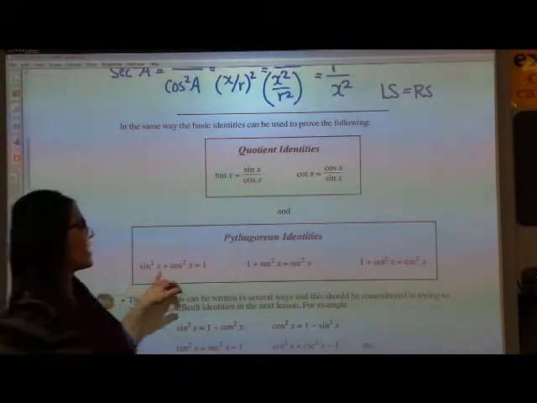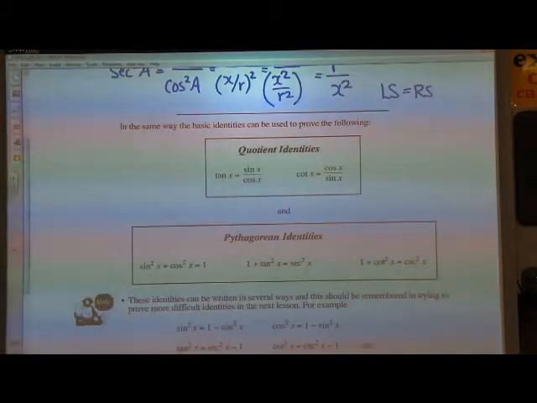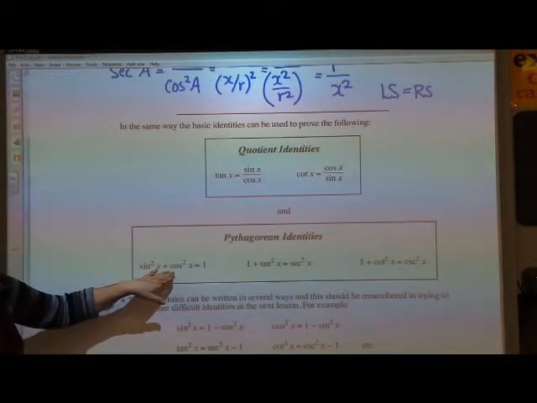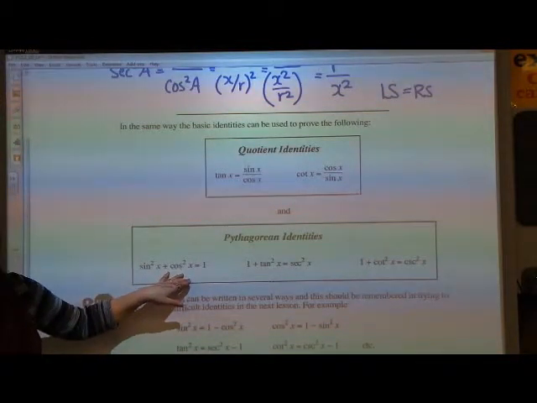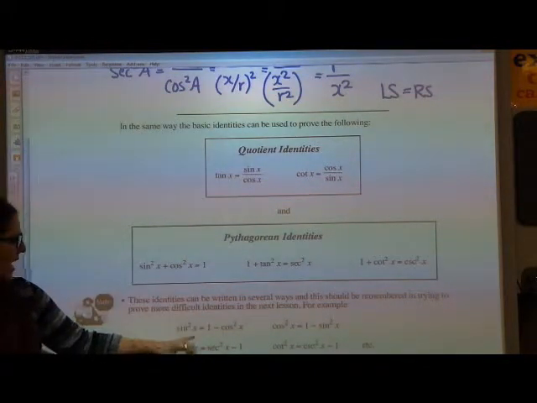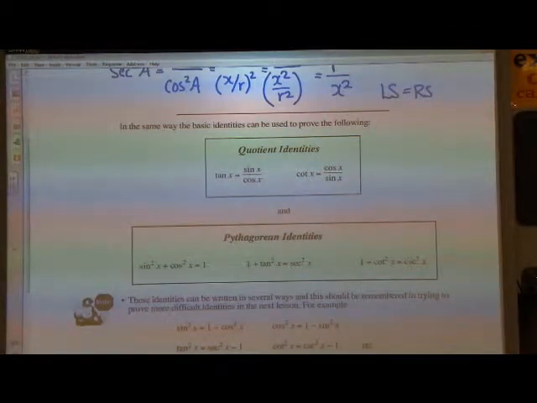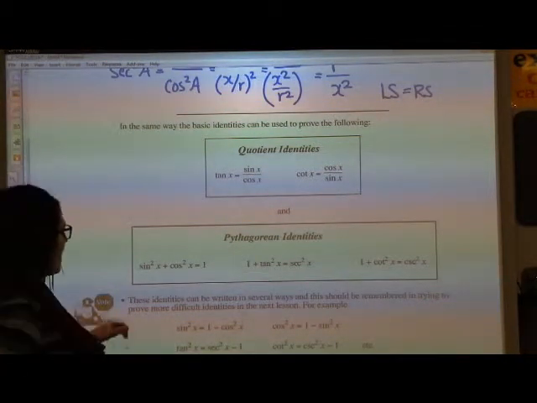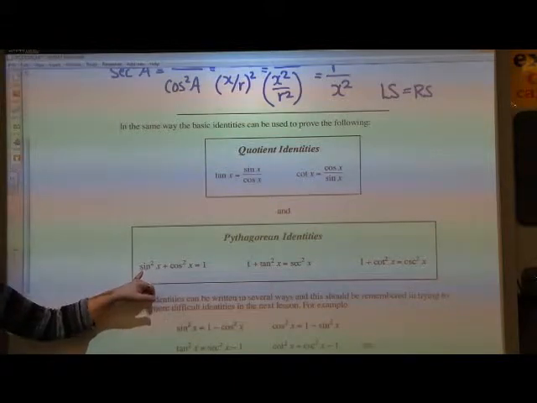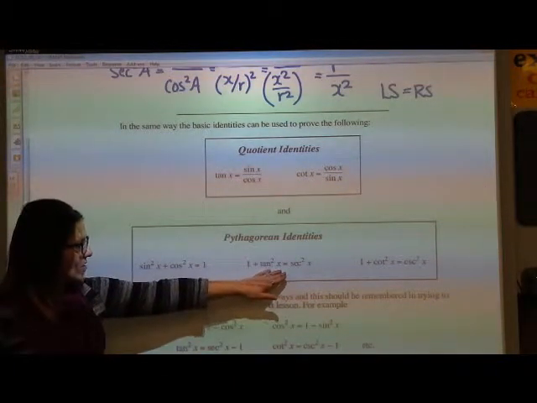With these 3 identities, there are 6 other ways that I can write these, because I can rearrange them. I could rewrite this as cos squared equals 1 minus sine squared. I could also write sine squared as 1 minus cos squared.